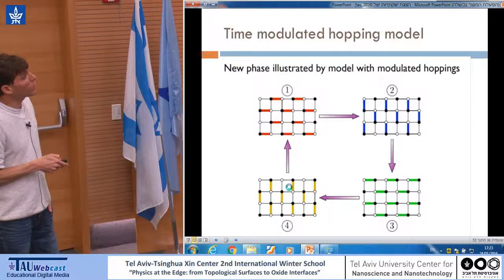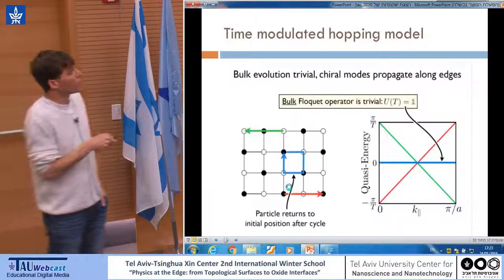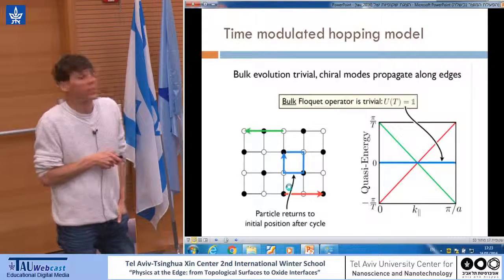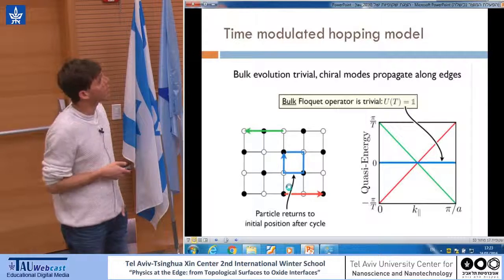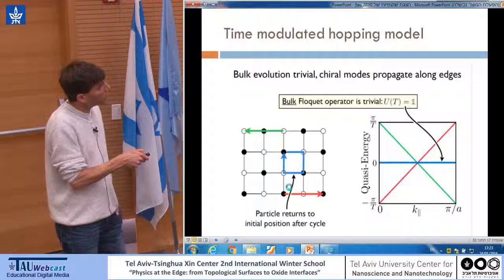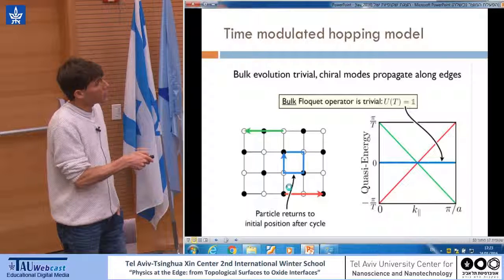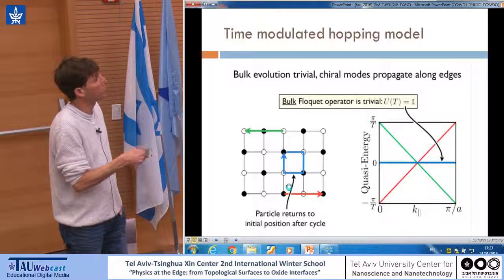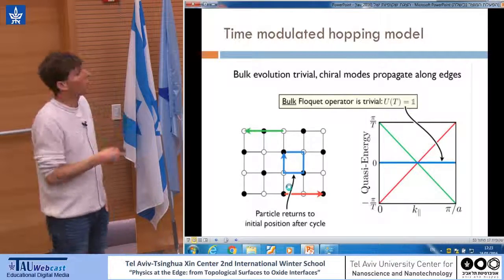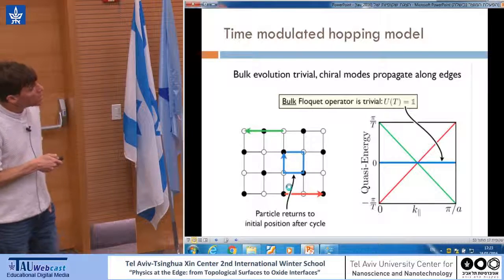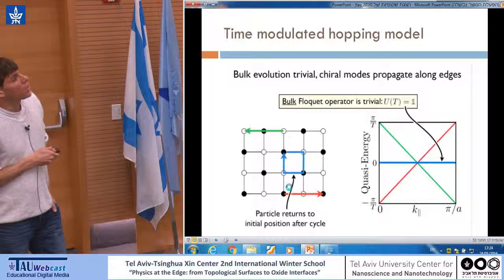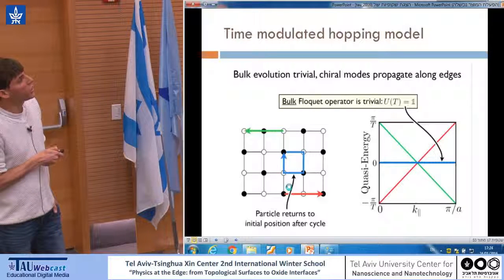Now if you follow what the particle would do, if you started on this white site here, you could see just by following the evolution of the Hamiltonian I just gave you, that if you start a particle in the bulk, it will always go around a square and return to its original position. And this doesn't depend on whether it's on the white or on the black sites. But if you start a particle on the edge, on the white sites, you would see that in each period it moves 2 sites to the left.